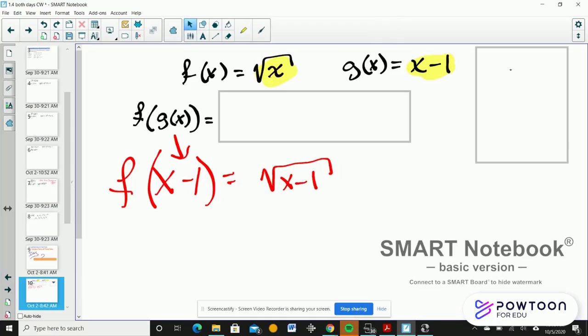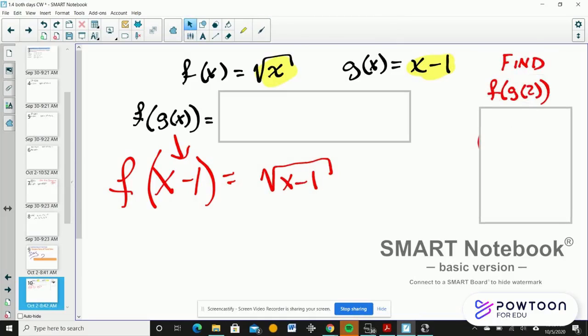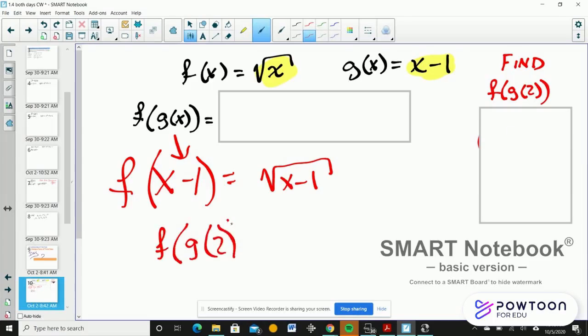So if I wanted to find f of g at 2, it would be the square root of 2 minus 1, which equals 1.